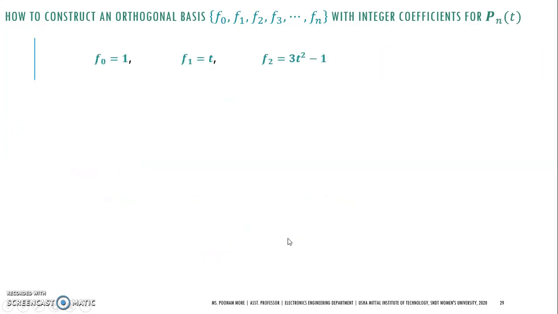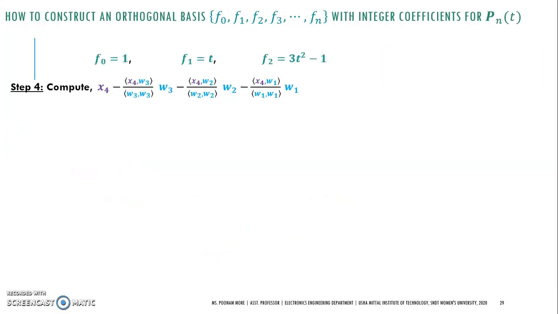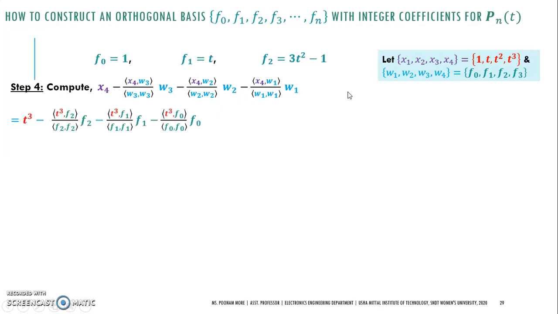Now we will proceed further for the calculation of f3. For that we will consider this term as per the Gram-Schmidt orthogonalization process, and by substituting the respective terms given in the problem statement for x4, w3, w1 and w2, we can rewrite this term in terms of t cube, f2, f1 and f0.